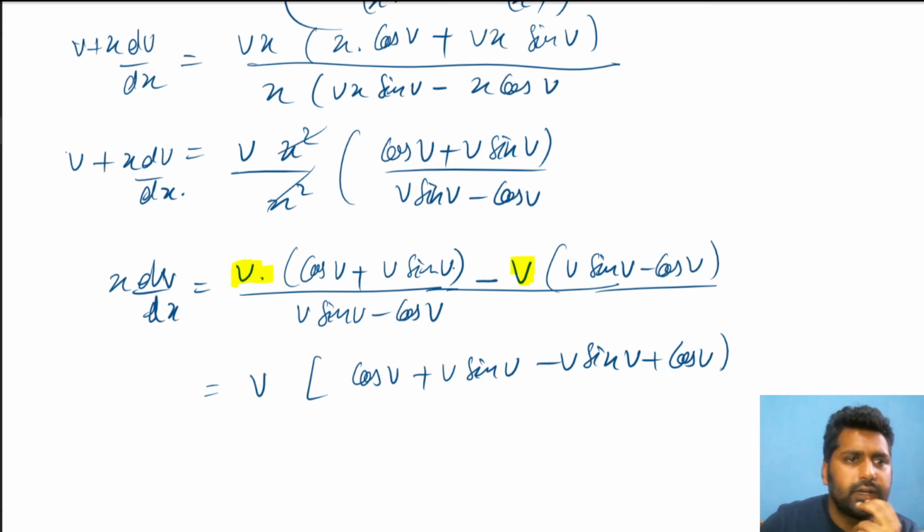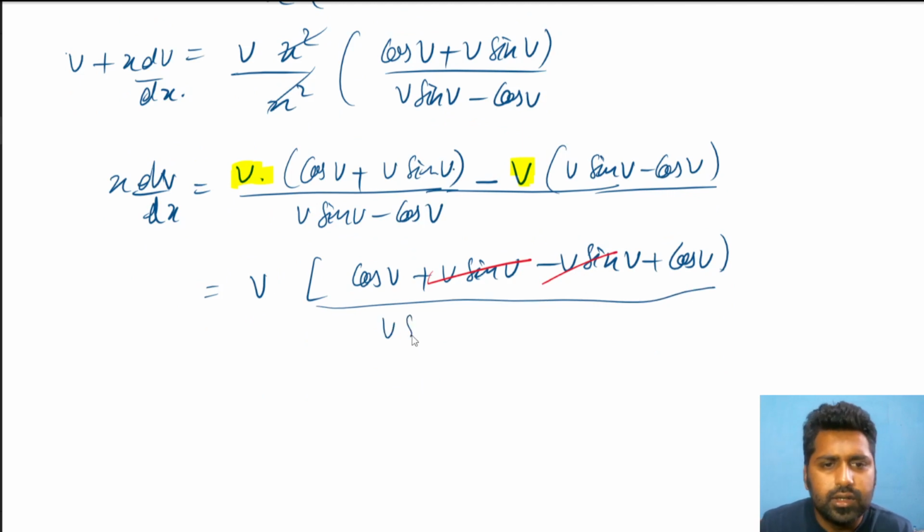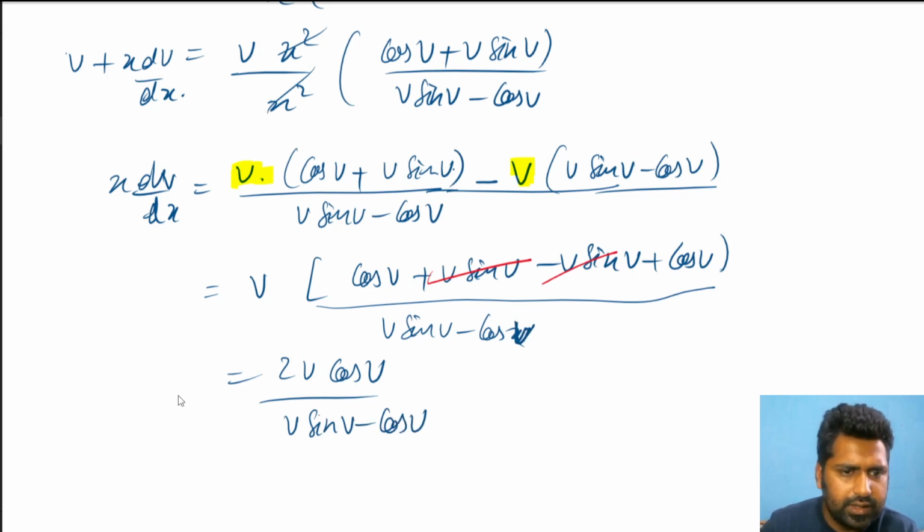So yes, finally something got cancelled. I was expecting something to be cancelled, like there was symmetry in the question. v sin v minus cos v. Okay, so cos v plus cos v is 2 cos v, so 2v cos v upon v sin v minus cos v, and this is x dv by dx.